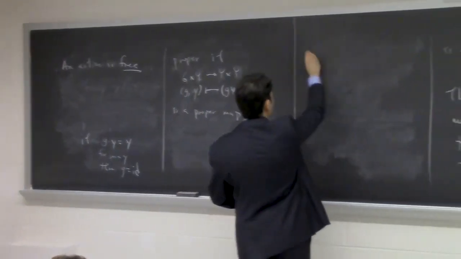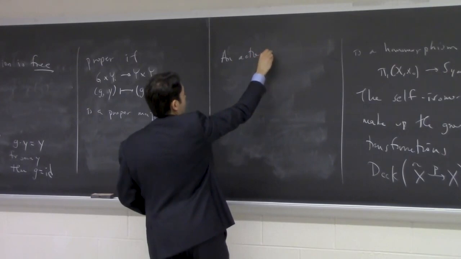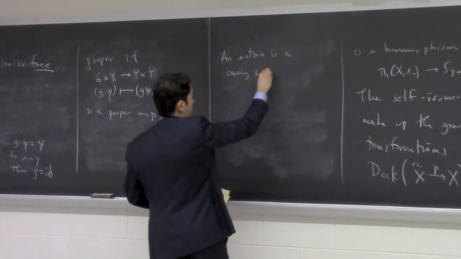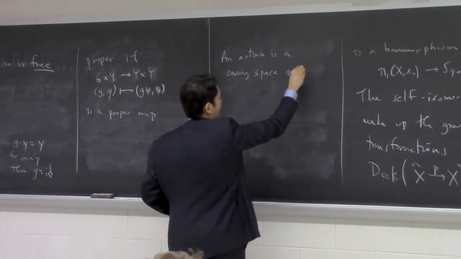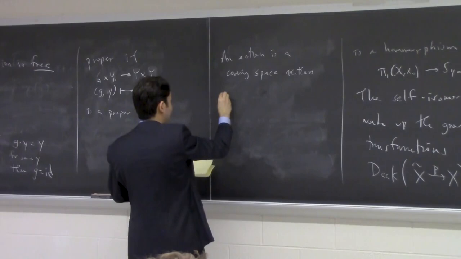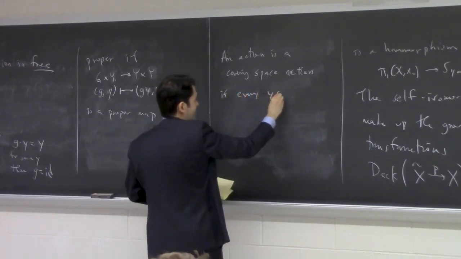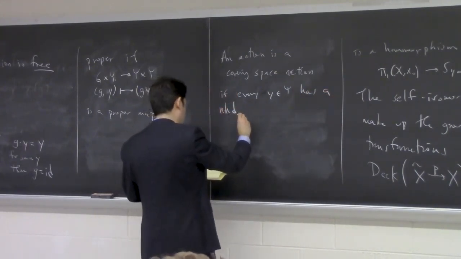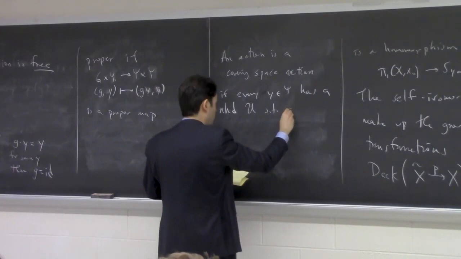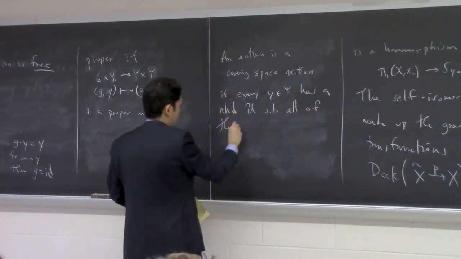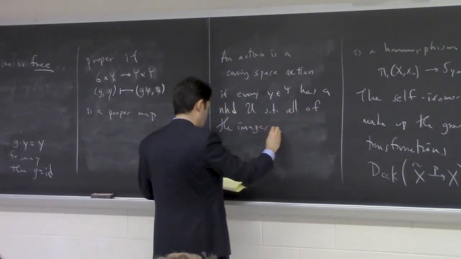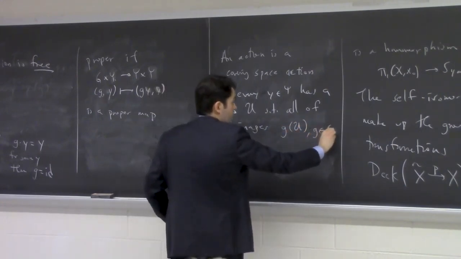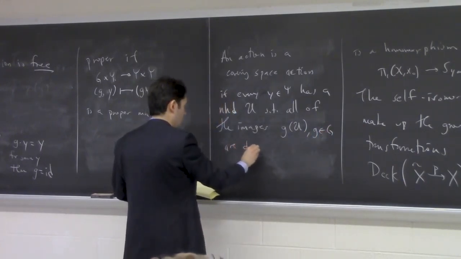Okay, so here's the one we actually care about. An action is a covering space action if every y has a neighborhood U such that all of the images g of U, for different g, are disjoint.